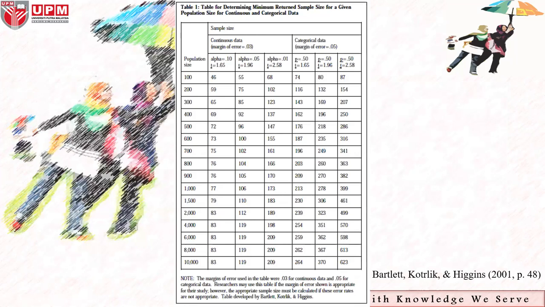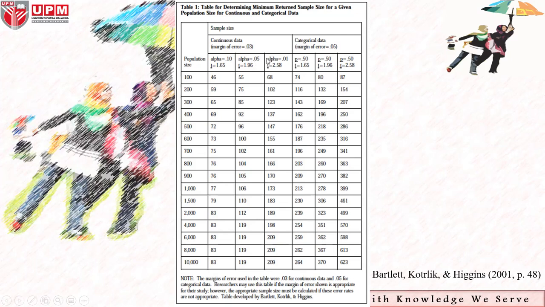Okay, another formula to determine your sample size is by using this table prepared by Bartlett, Cochrane and Higgins. Tadi based on formula Cochrane. Ada juga, you all boleh tentukan. You can also determine your sample size based on this table. For example, you have the continuous data and then you set your margin error at 0.05, alpha 0.05.